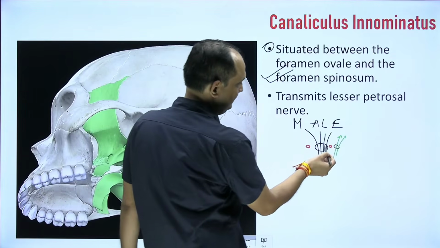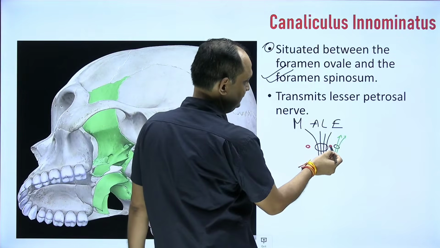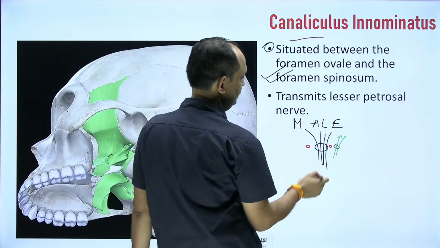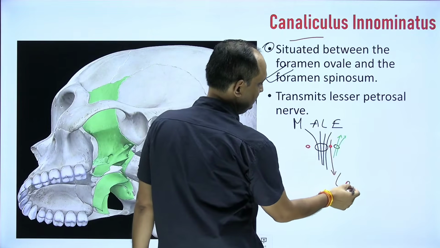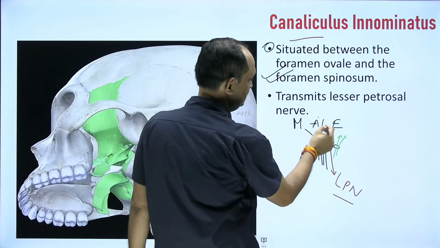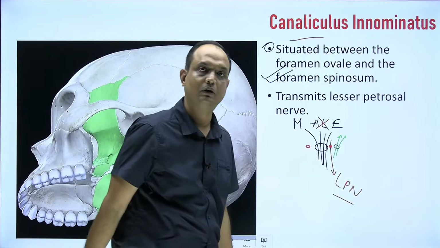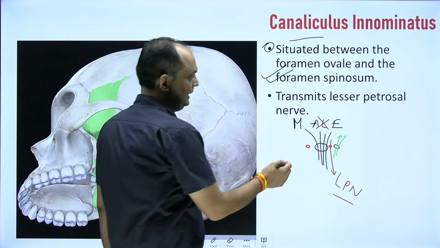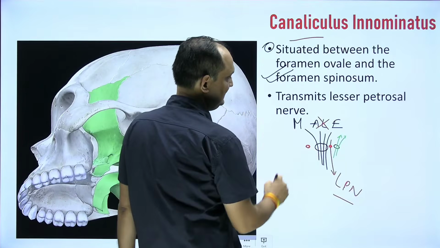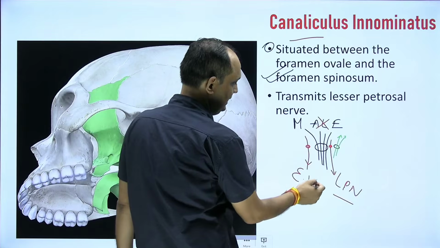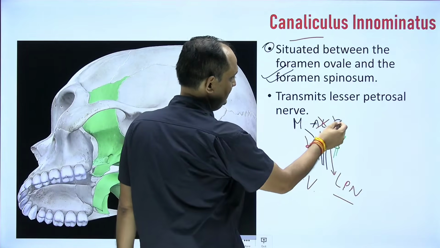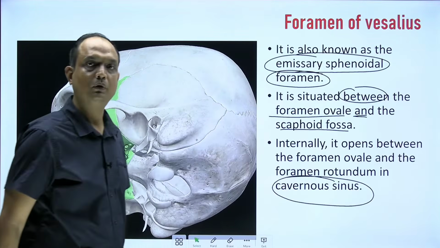Now in between the spinosum and ovale, this foramen is known as canaliculus innominatus, and this will allow the exit of lesser petrosal nerve, and in this condition this L will not come out from foramen ovale. In the same way, anteriorly you will have this foramen basalis, and this foramen basalis allows passage for emissary vein, and in this condition this emissary vein will not come out from foramen ovale.